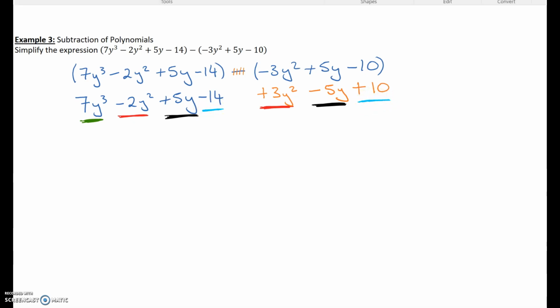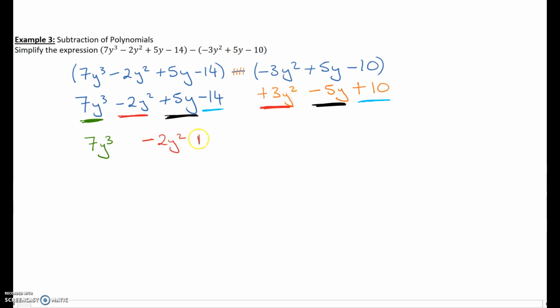Okay, so let's put it all together. We'll start off with 7y cubed, and that's the only one of those. Then the y squareds, and we have negative 2y squared and plus 3y squared.